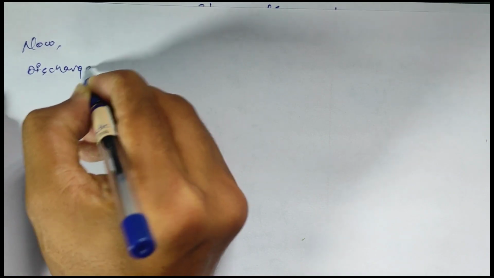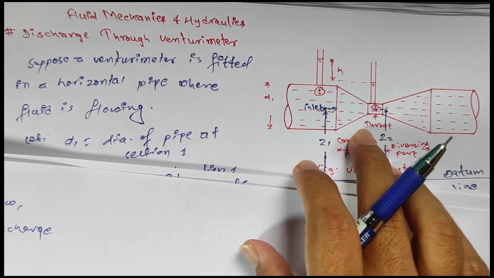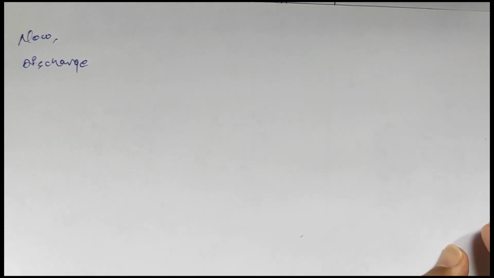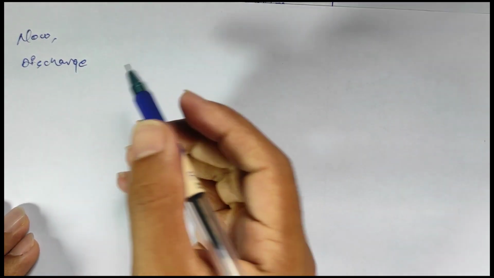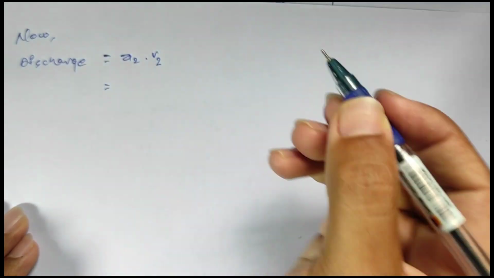Now the discharge can be calculated from section 2, since the discharges of section 2 and section 1 are equal. So we calculate the discharge from section 2, that is area into velocity, A2 into V2.